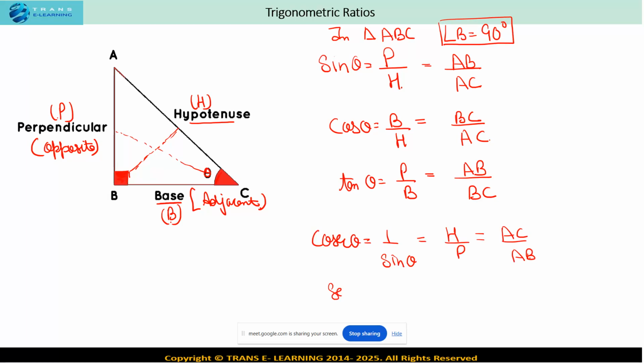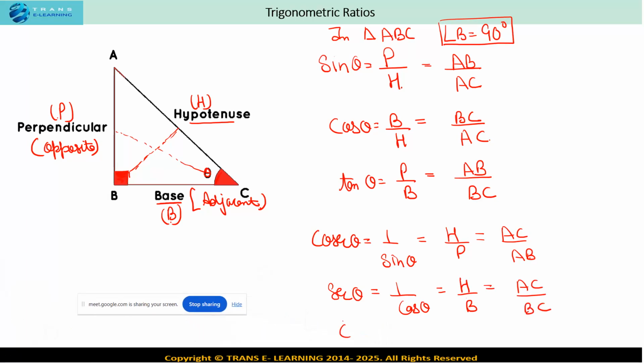And secant theta is the reciprocal of cos theta, that will be equal to hypotenuse upon base, that will be AC upon BC. And the last is cot theta, which is the reciprocal of tan theta. So it will be base upon perpendicular, that is BC upon AB.